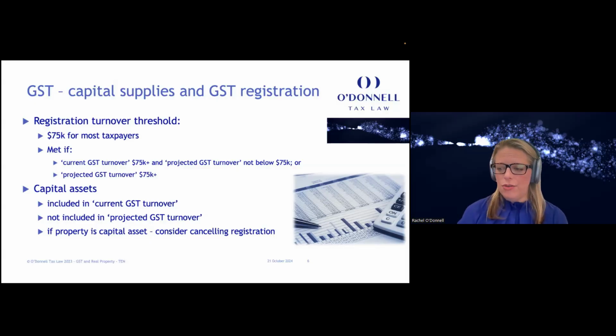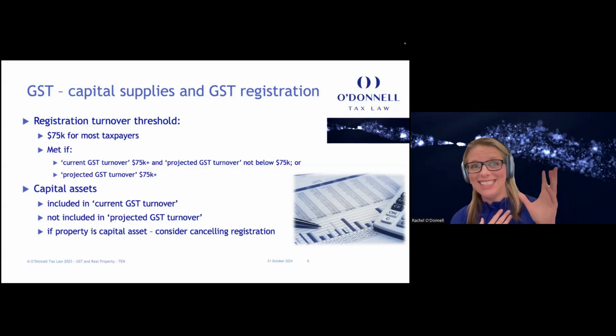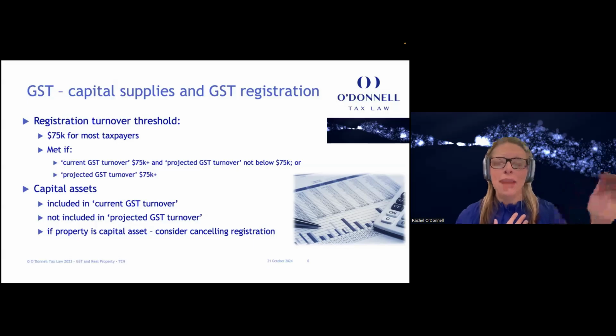A few important things to note on registration is that registration is of an entity, not an enterprise. So whilst you need to be carrying on an enterprise to register for GST, it is the entity that is registered. The importance of that is it means if I am practicing as a sole practitioner lawyer, so I'm carrying on an enterprise of giving legal advice, and I also have a little side business, which is profit producing but below the threshold, so I might make jewelry and sell that on, say, Etsy, that's below the threshold.